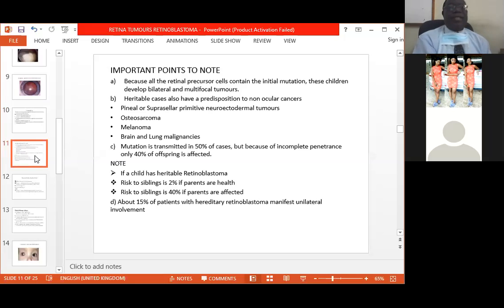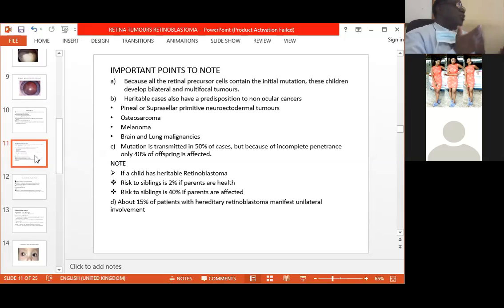Important points to note here: because the retinal precursor cells contain the initial mutation, these children develop bilateral or multifocal tumors. So you can have one or maybe many sites within the eyeball. Heritable cases also have a predisposition to other non-ocular tumors.